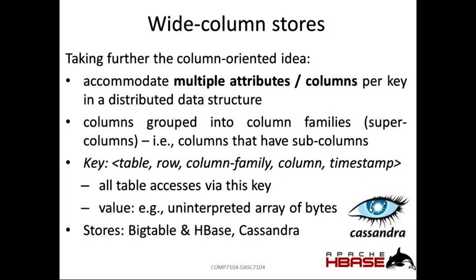Oftentimes the key may be a combination of table ID, row ID, column family ID, column, and even timestamps. So we may keep different versions of the same data. And so all data accesses will be done by such a key. The value we may get corresponding to a key may be even an uninterpreted array of bytes.